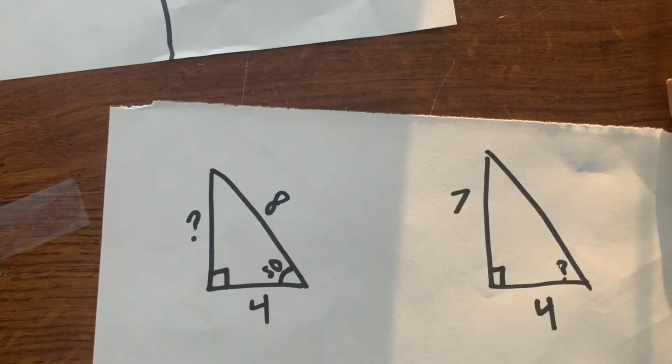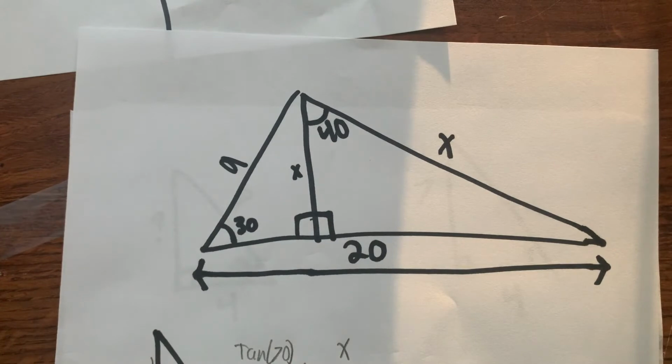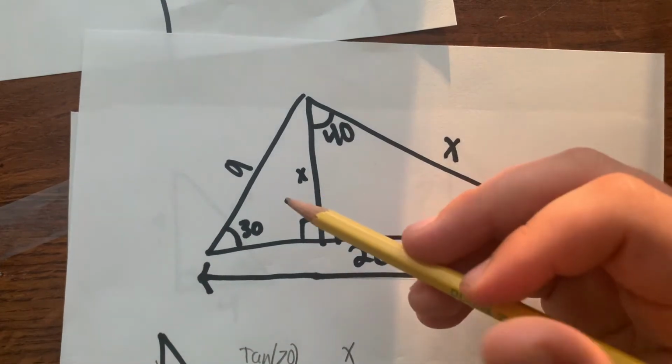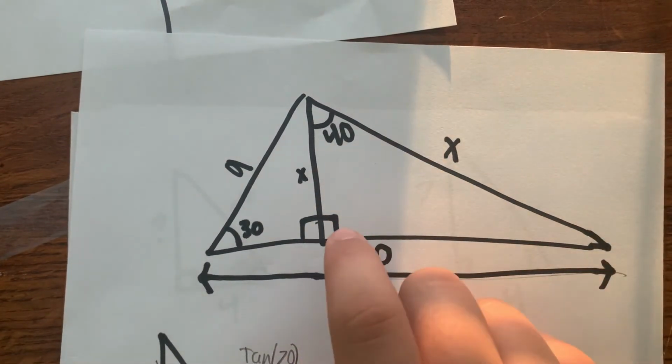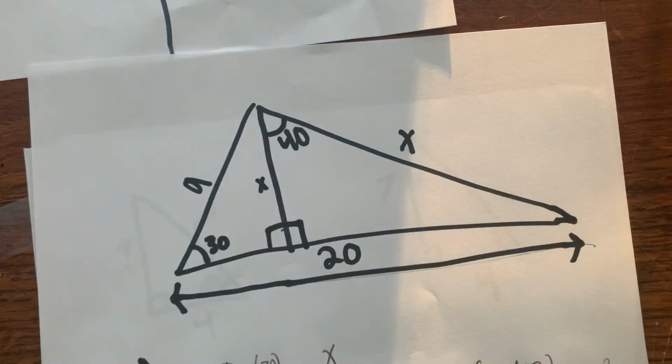So actually, let's go here. I skipped this because it looked complicated. It really wasn't complicated. Actually, I think this was on a test once. So you know the length of this whole area right here. Back when we were doing congruency, you'd be able to find this out. Actually, you wouldn't, because there's not enough information. But since there's a line in the middle and two separate right angles, you know these are two different triangles.